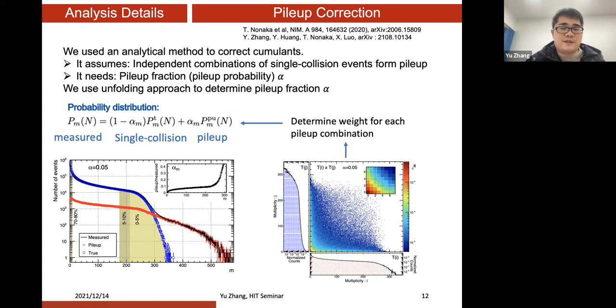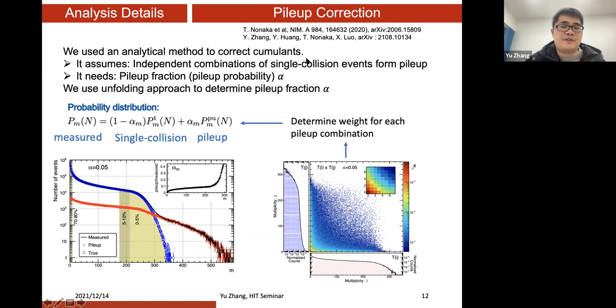They are from a single collision, and they occur in a very small time interval, so the detector cannot distinguish them. In this analysis, we used an analytical method to directly correct the cumulants. It has an assumption that the pileup events are independent combinations of single collision events.